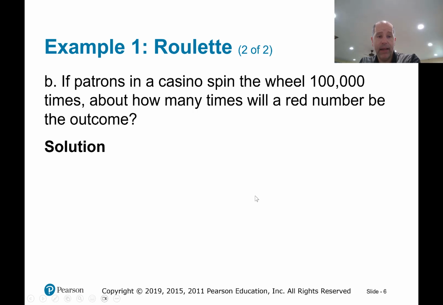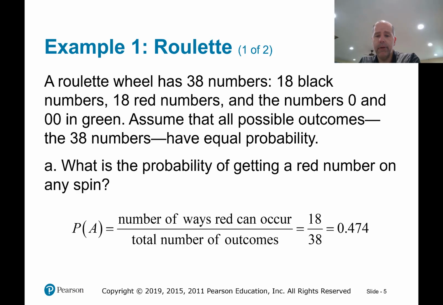Now, if patrons at a casino spin the wheel 100,000 times, about how many times will a red number come up? Well, think about it. If the probability is 0.474, one of the other things we could use is that probability is synonymous or analogous to a percentage of the population.